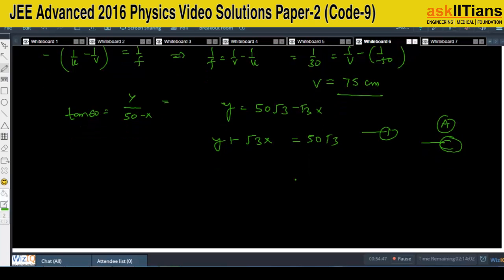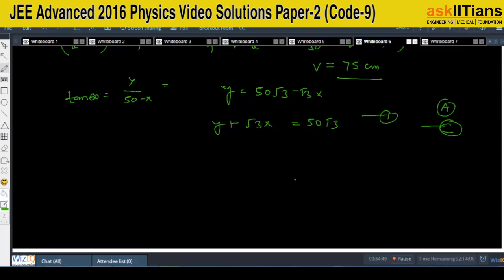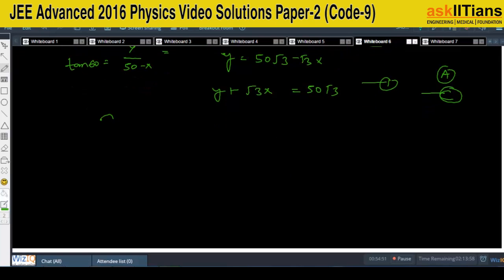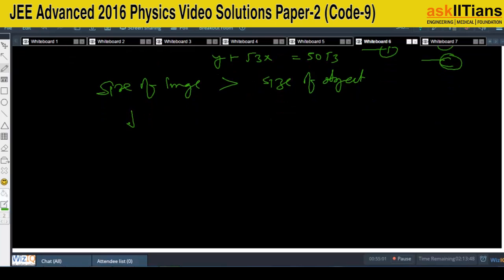We know that the size of the image should be greater than the size of the object. So from that graph, the distance of the image from the mirror, that is the square root of y square plus 50 minus x whole square, into sine 30, should be greater than 25 sine 30.